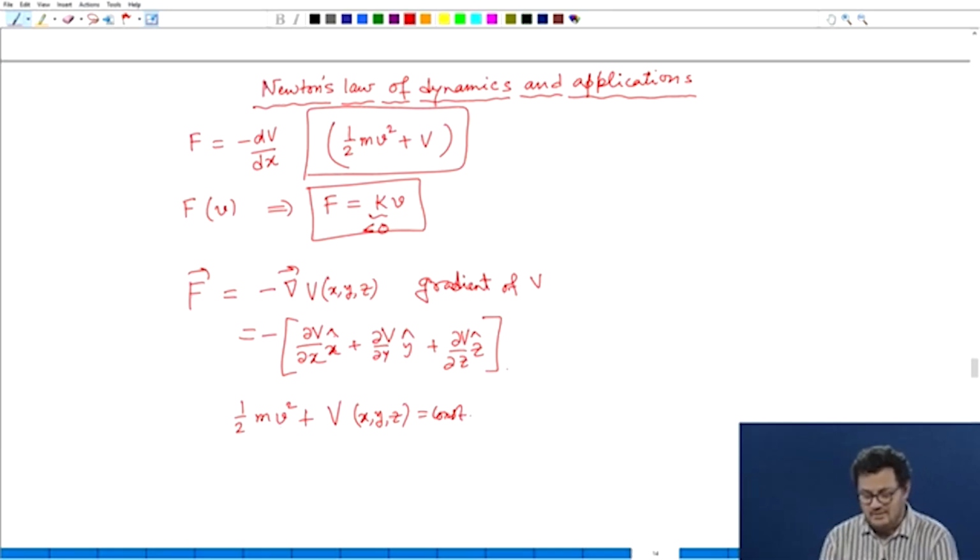Remember, at this point this v is no longer dx/dt.